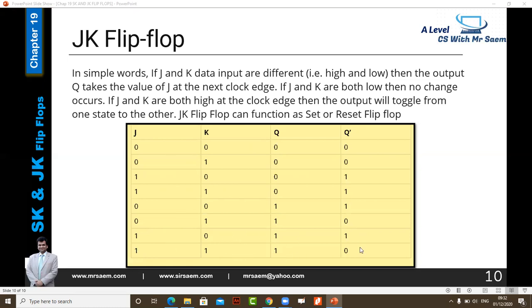So if J and K are both low, then no change occurs. If J and K are both high at the clock edge, then the output will toggle from one state to the other. JK flip-flop can function as set or reset. So what the clock does is, whenever it sees such a state, the clock will toggle both states right away and change them.